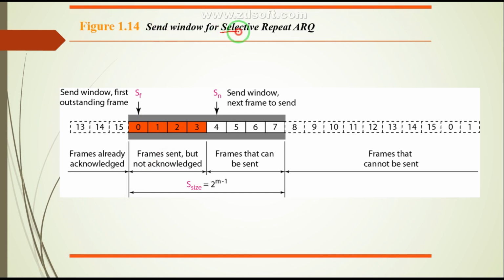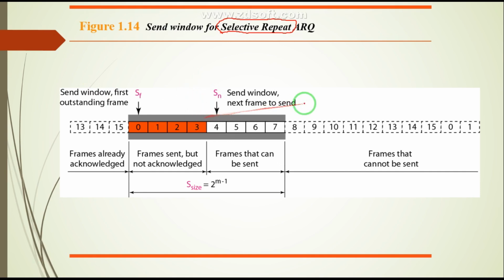Because only the frame which is damaged, corrupted or lost needs to be sent. So for a noisy link, Selective Repeat ARQ is more efficient. But the processing at the receiver is very, very complex. So let's start with Selective Repeat ARQ.